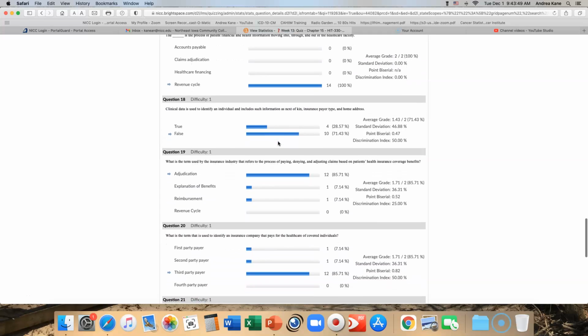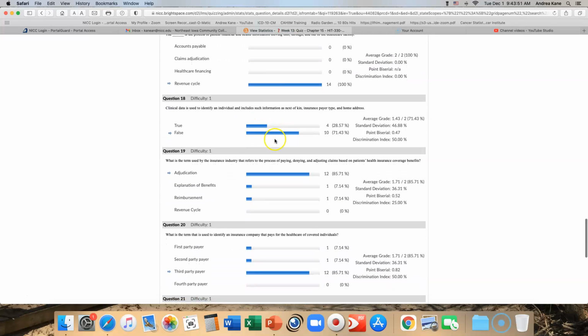Number 18, again, only 4 people had it wrong, but I wanted to talk about it because I think the concept is important. Clinical data is used to identify an individual and includes such information as next of kin, insurance payer type, and home address. Why is this false? You can tell right away. Clinical data is not next of kin, insurance payer type, and home address. That's demographic information.